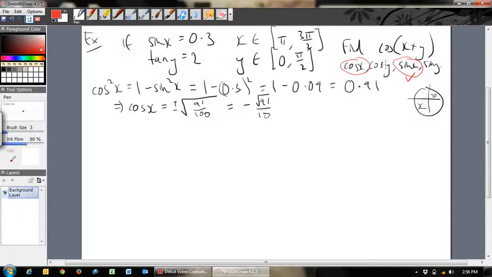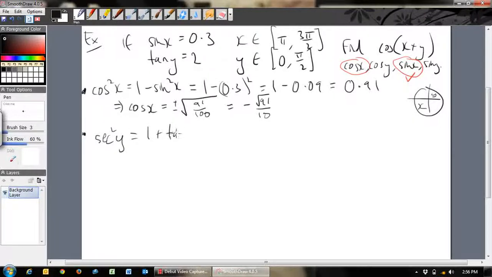Let's have a look at the y's. We know tan y. How do we find cosine or sine? All we've really got is that sec squared y is equal to 1 plus tan squared y. I'll write it as y so we don't get confused, copying it off the formula sheet.